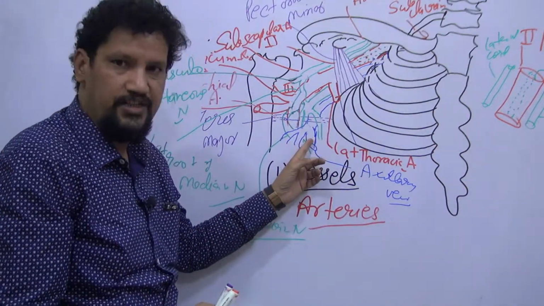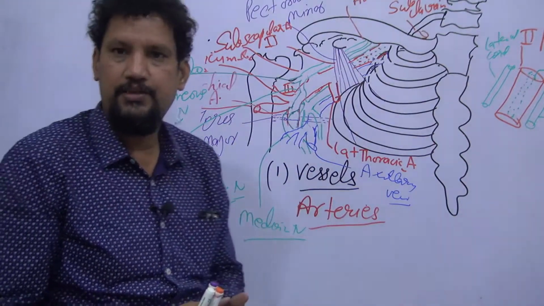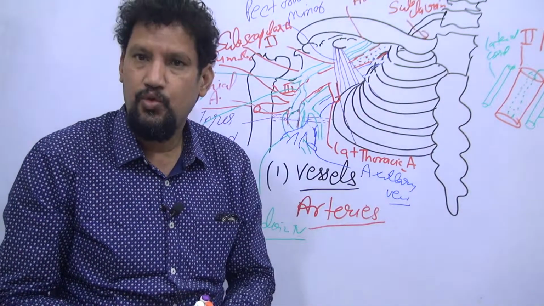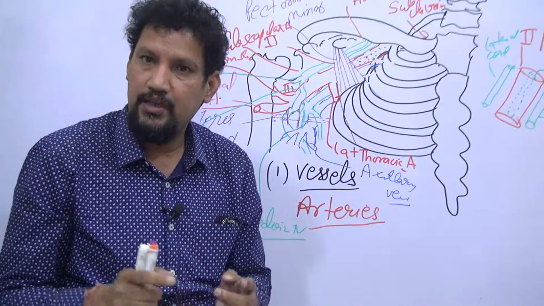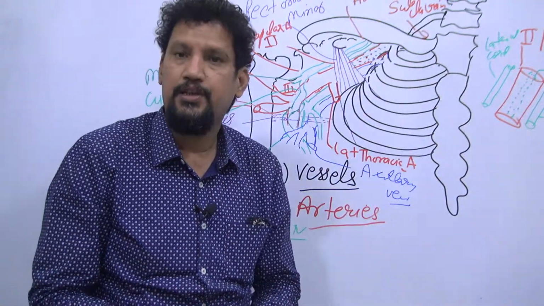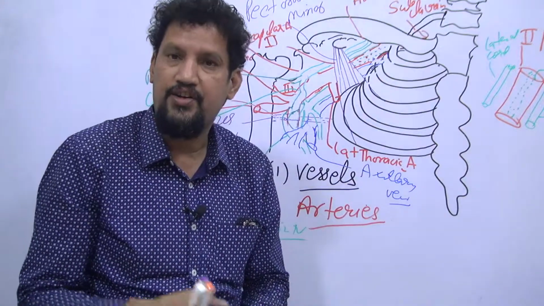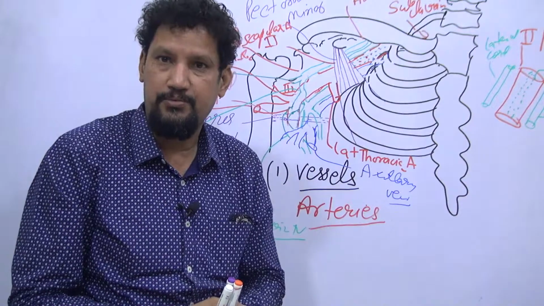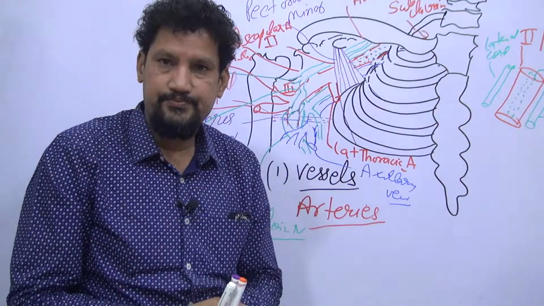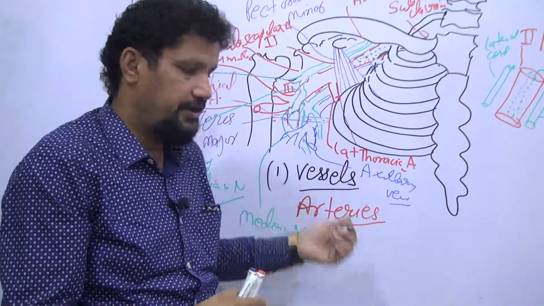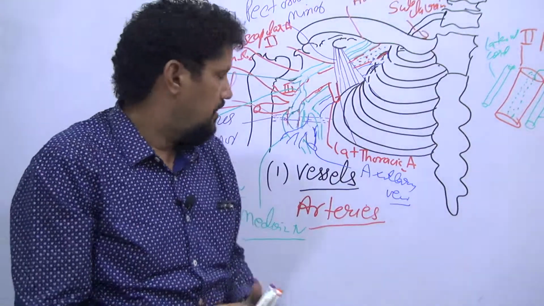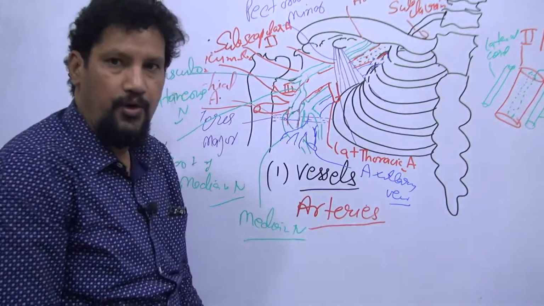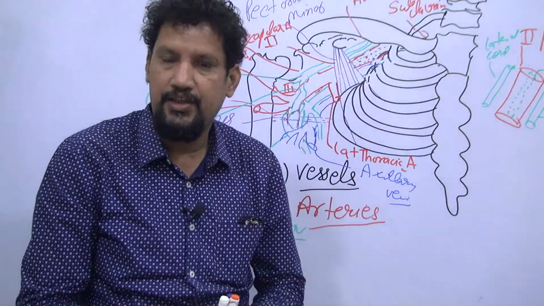The basilic vein, which is the post-axial vein of the upper limb, and the 2 venae comitantes, which accompany the axillary artery and drain the blood from the deeper parts of the forearm, hand and the arm, converge here to form the axillary vein.